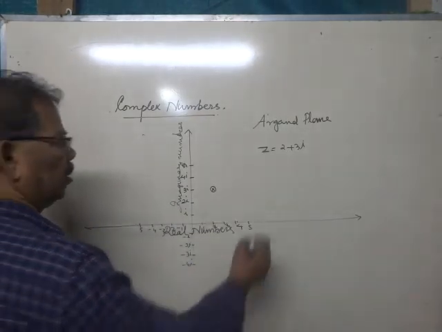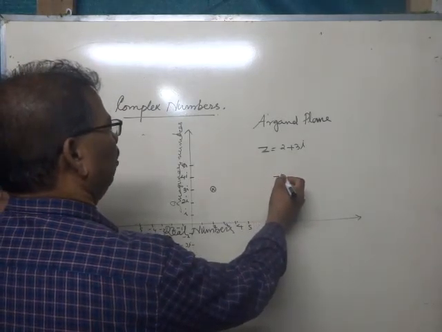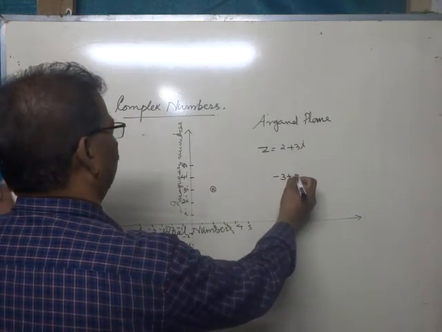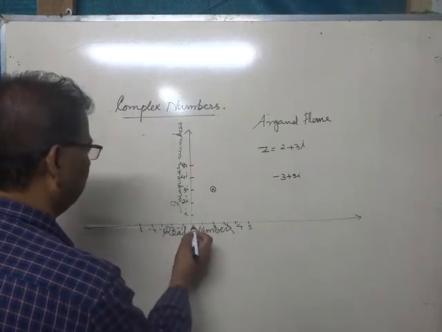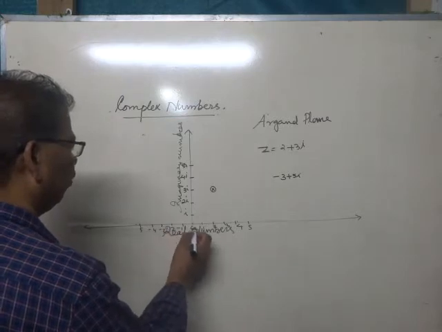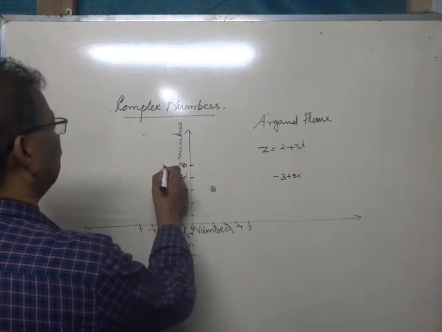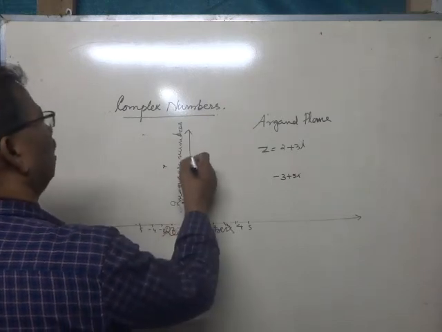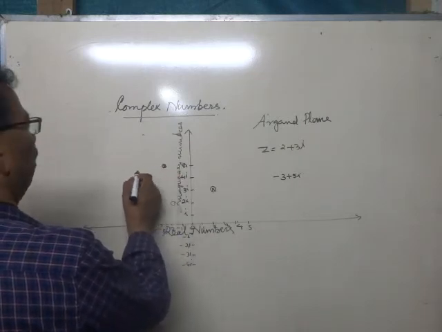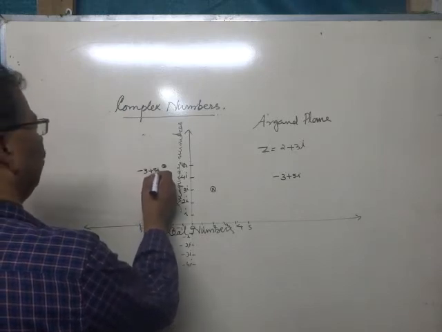Similarly, suppose we have negative 3 plus 5i. We take 3 units to the left of 0 and move 5 units along the vertical axis and mark the point negative 3 plus 5i.